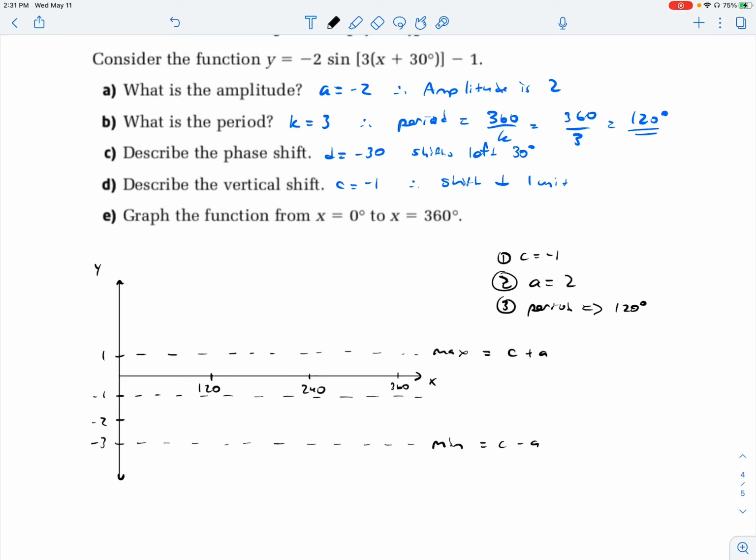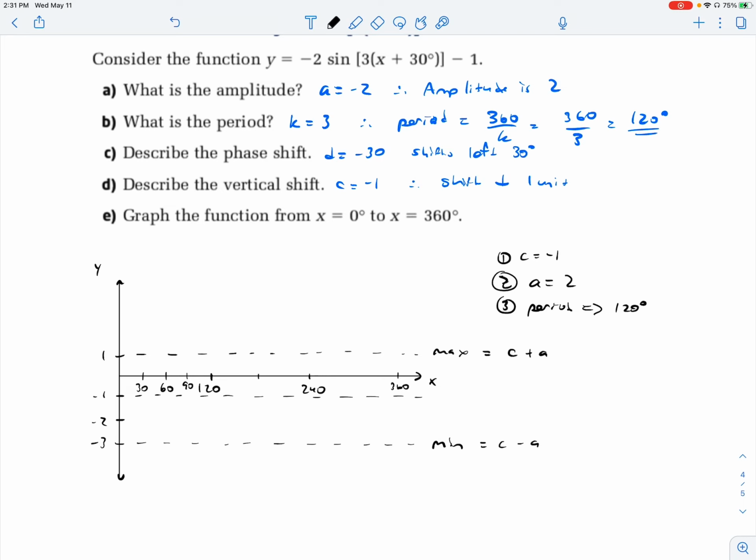Okay, that looks a little bit better. So each one of these is going to represent a cycle. So there'll be 3 cycles. Each cycle, in order for me to graph, I have to chop into 4 pieces. So first I cut it in half at 60, and half again I get 30. So those are increments of 30, so I can kind of fill in the blanks.